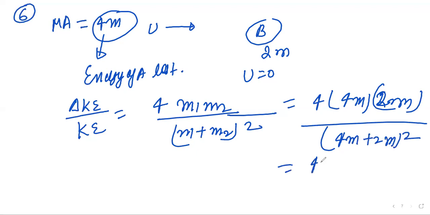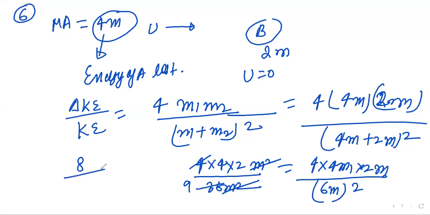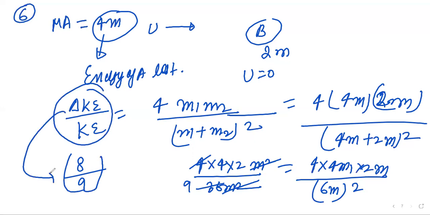So it is 4 into 4m into 2m divided by 6m whole square, that is 4 into 4 into 2 into m square divided by 36 m square. This gets cancelled, and it is cancelled by the 9. So the answer will be 8 upon 9. This is the relation for the fraction of kinetic energy lost to the total energy.